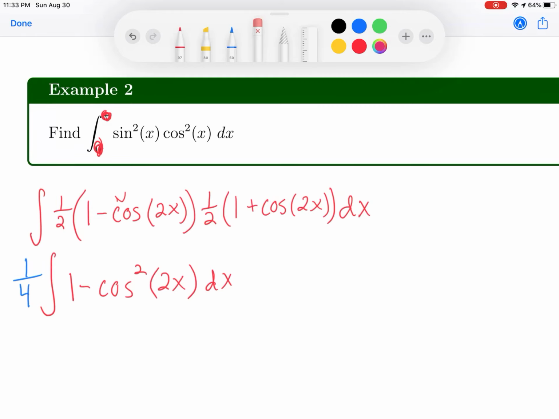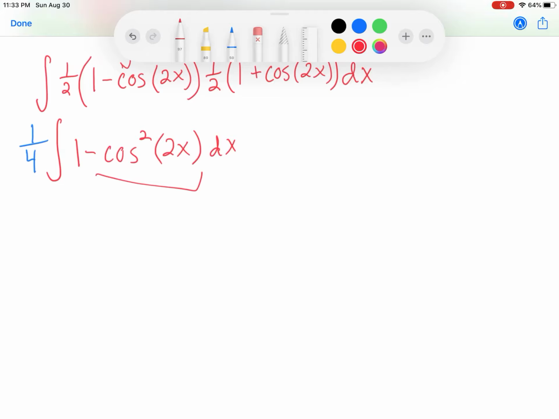Cool. Okay, so now that we have that, we are actually going to rewrite this again. So we're going to rewrite this part right here, the cosine squared 2x. We're actually going to use another identity to go ahead and rewrite this. So I'm going to go ahead and scroll down, give myself a little bit more room.